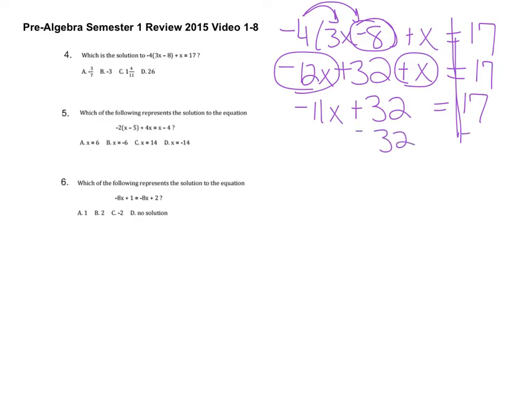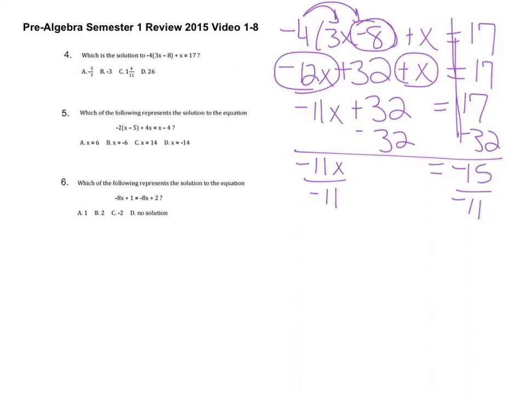I'm going to subtract 32 from both sides, and I get negative 11x equals 17 minus 32, which is negative 15. I'm going to divide both sides by negative 11. Notice this does not go nicely, okay?